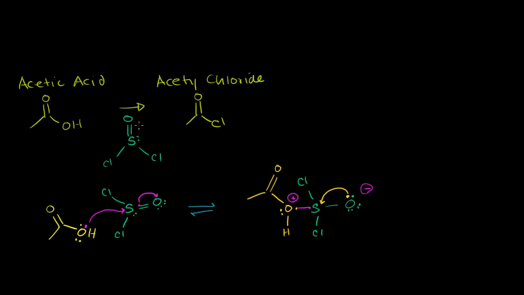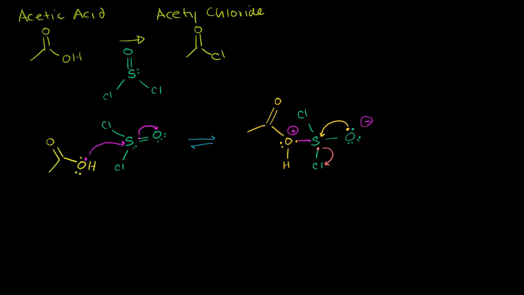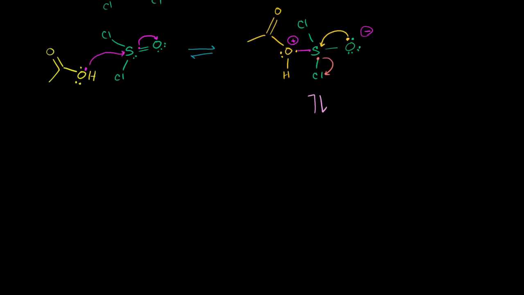Chlorine is pretty electronegative, so one of these chlorines will be able to take away an electron. So then after that happens, and once again, this is in equilibrium, our situation will look like this.